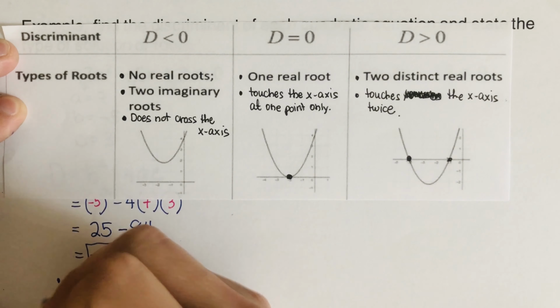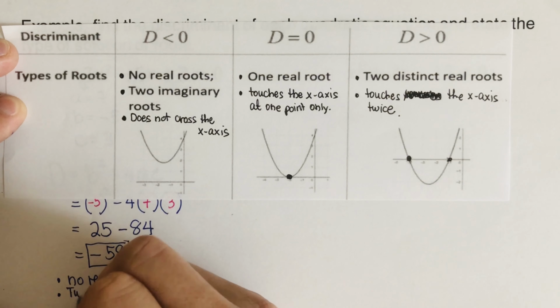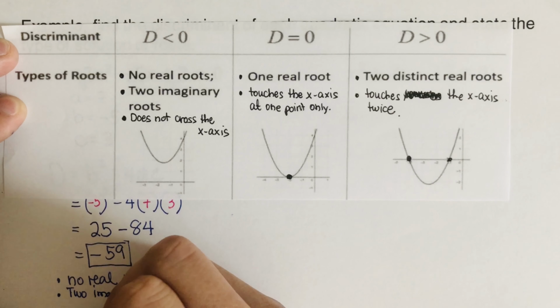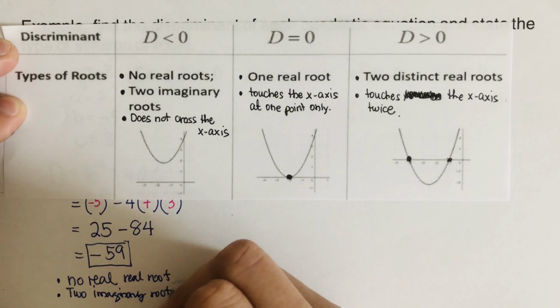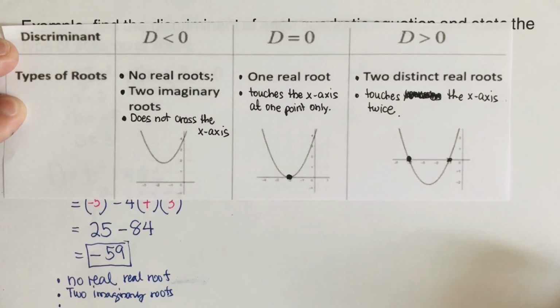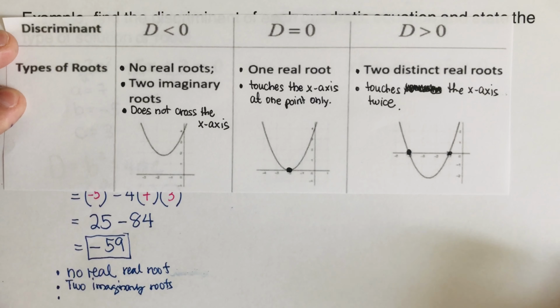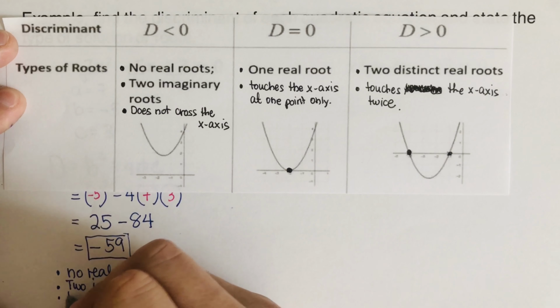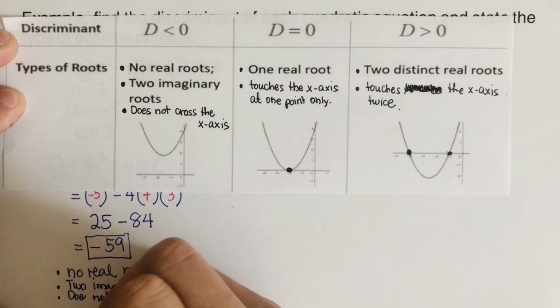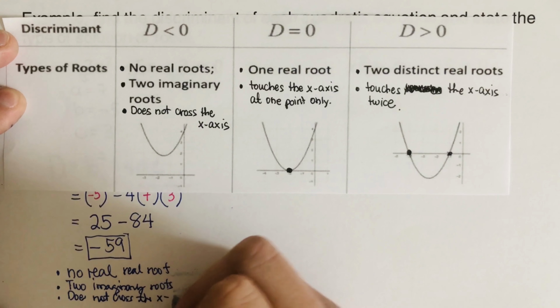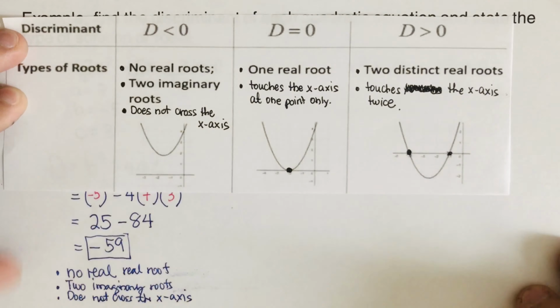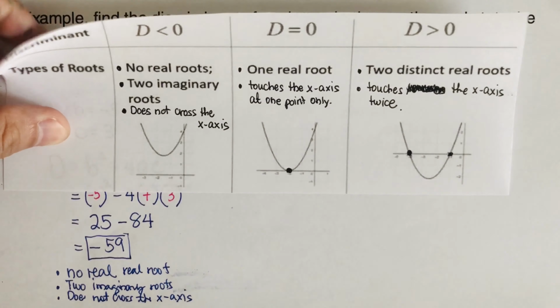And the other description for this is there are two imaginary roots. And the third description is that it does not cross the x-axis. Okay, so it does not cross the x-axis.